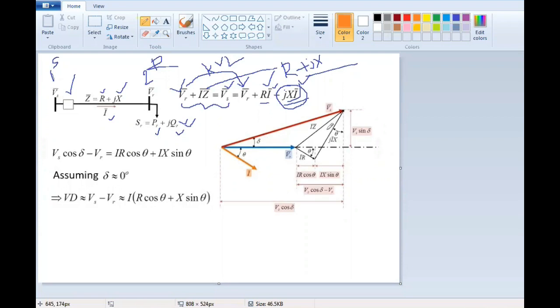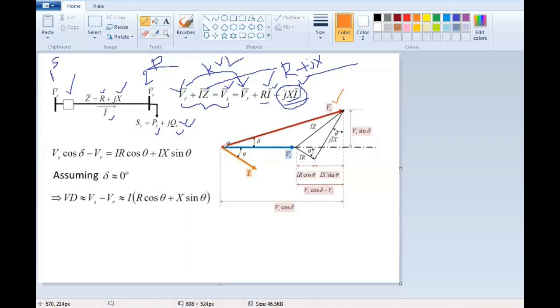In order to find the difference between Vs and VR, we have to project Vs onto the reference, so that we can derive the expression for the voltage drop between Vs and VR. For that, this is Vs, which makes an angle delta with the adjacent side.